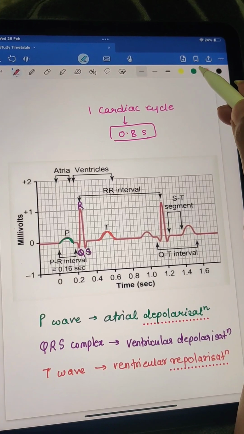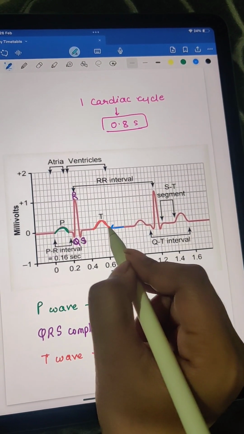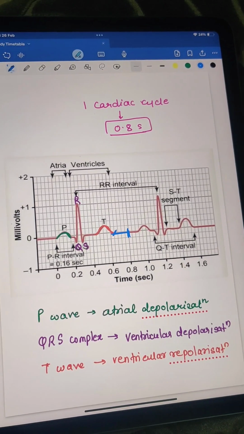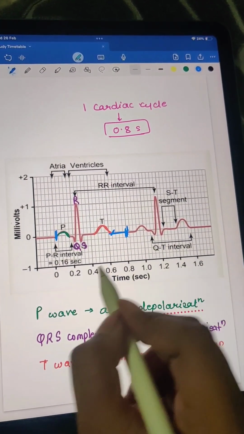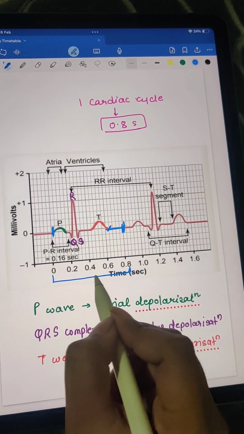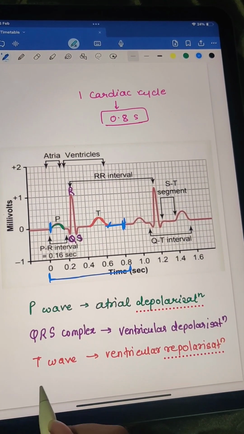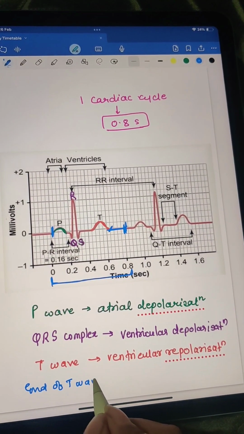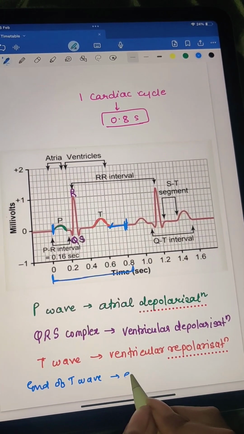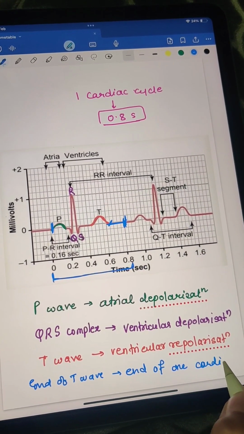So from this 0 second to 0.8 seconds, this is a time period of one cardiac cycle. At the end of the T wave is nothing but the end of one cardiac cycle.